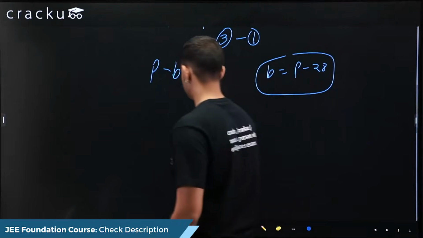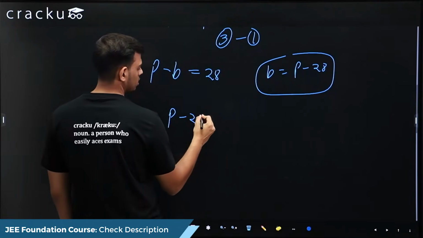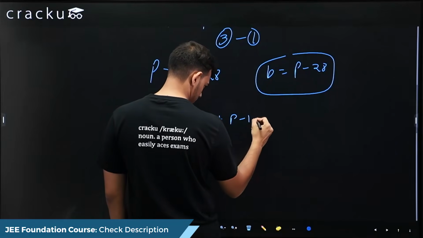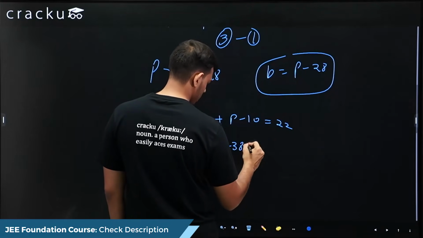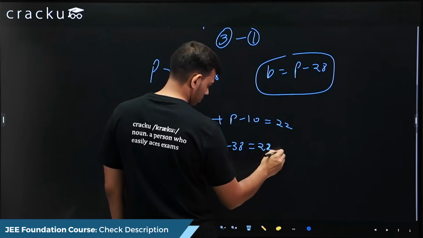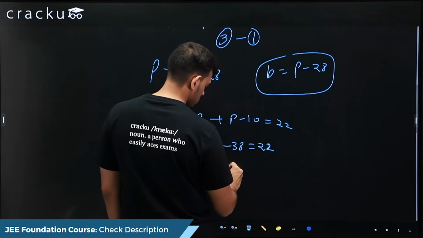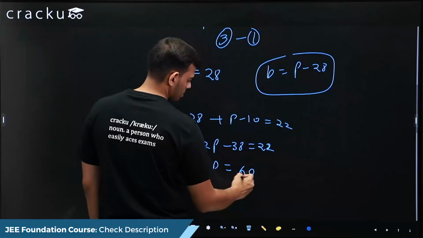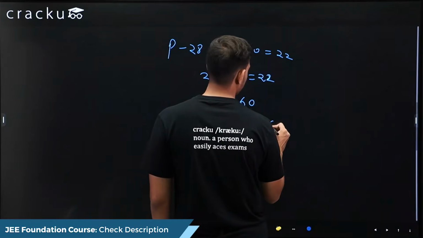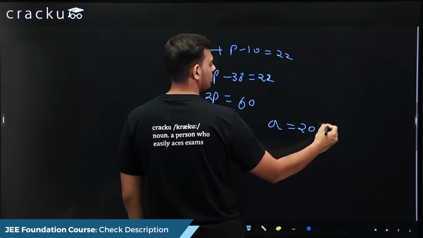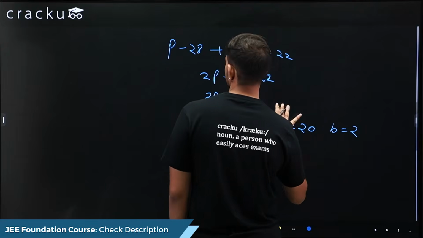So P minus 28, that is B, plus P minus 10, that is A, equals 22. 2P minus 38 is 22, 2P equals 60. P comes out to be 30, A comes out to be P minus 10, 20, and B comes out to be P minus 28, 2.